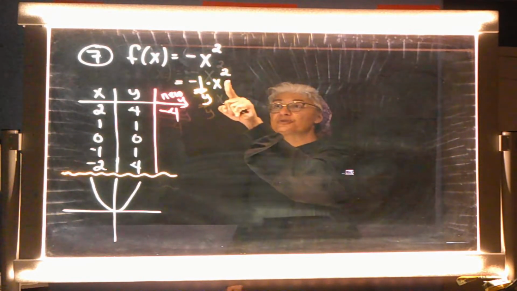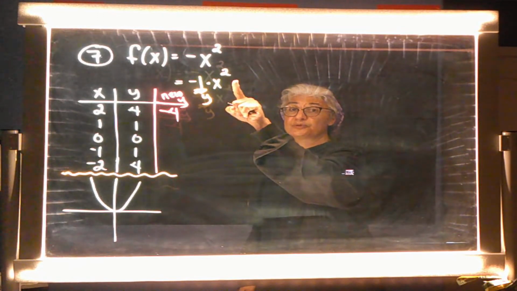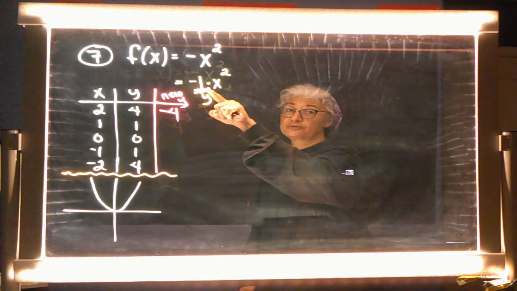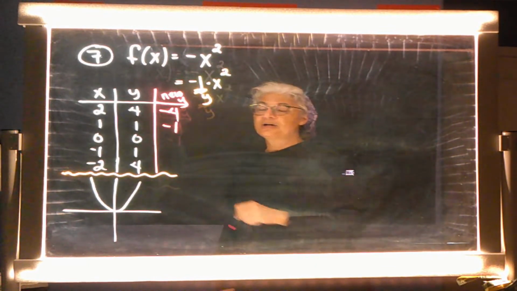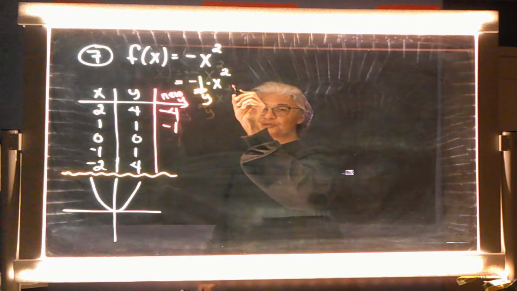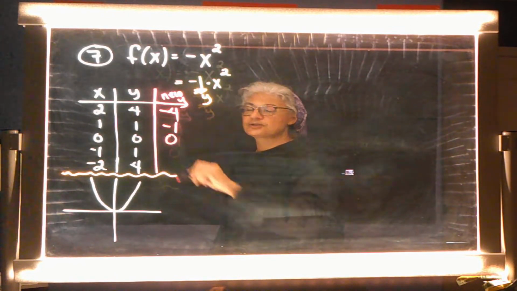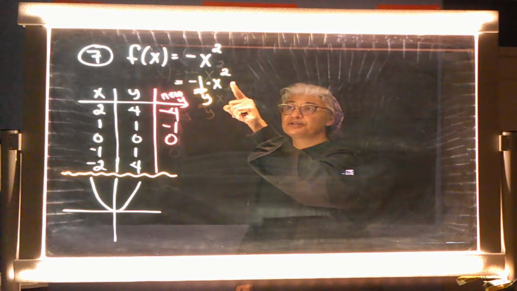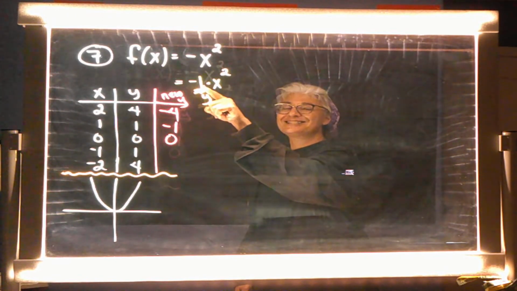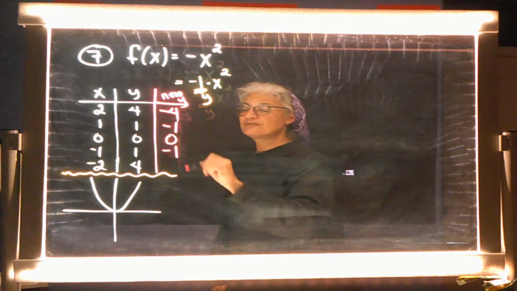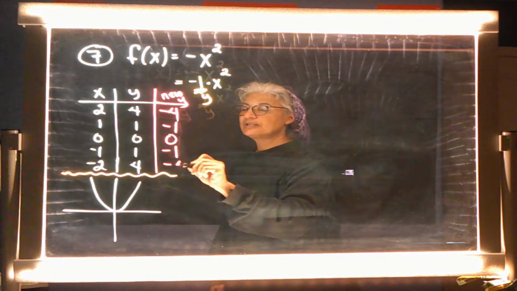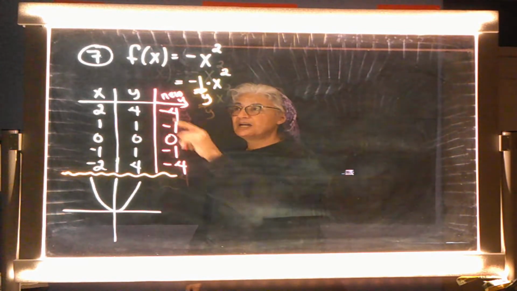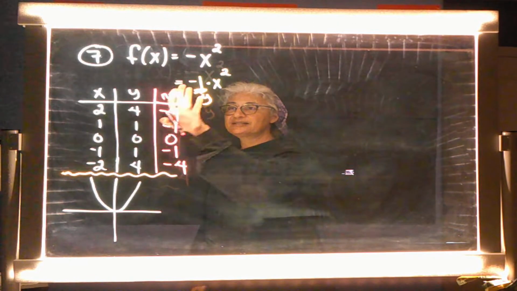Plug in 1, you square it first because that's first in the order of operations, which means you get 1, and then you get to multiply by -1, don't you? Which will give you -1. Yeah, 0 squared is 0 times anything is still 0, right? -1 plugged in is squared, gives you +1, times a -1 gives me -1, and that -2 will end up giving me a -4.